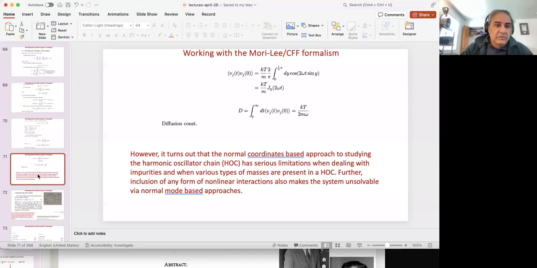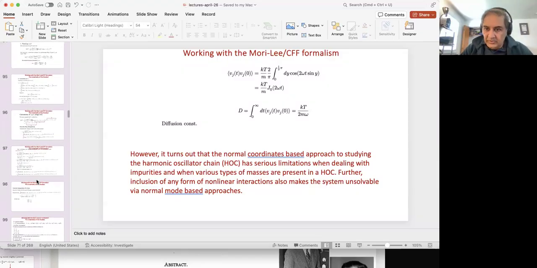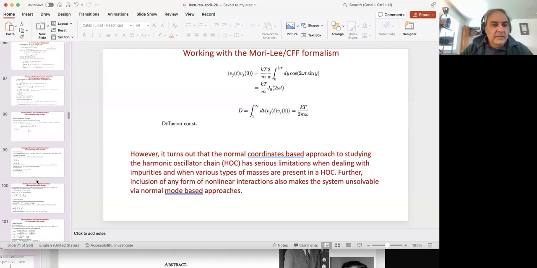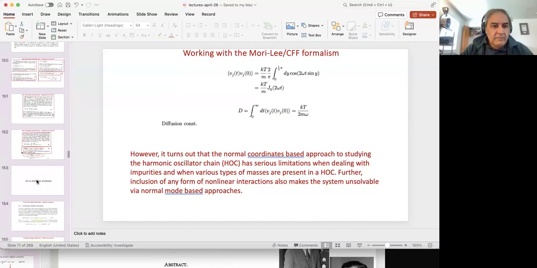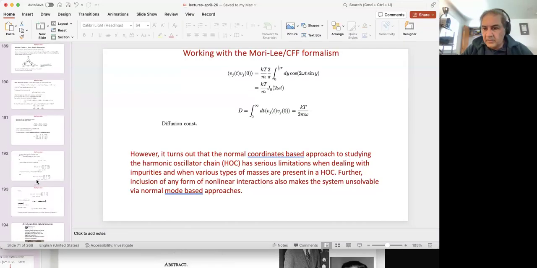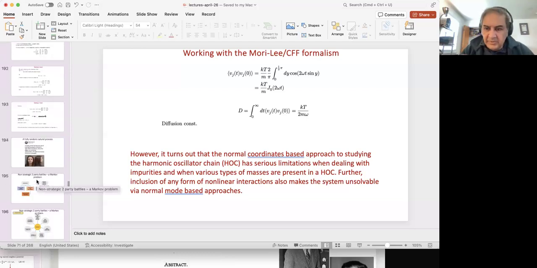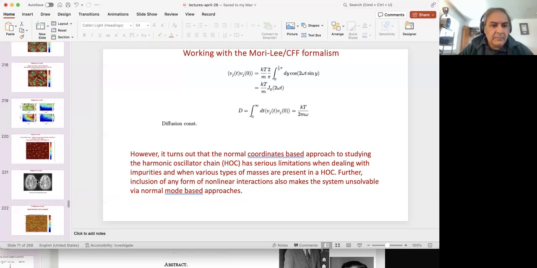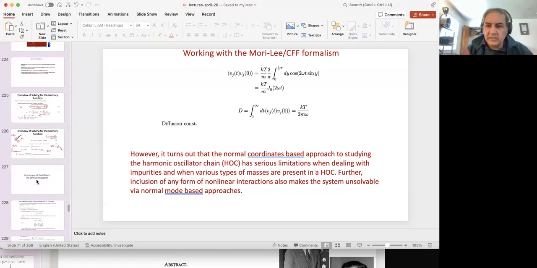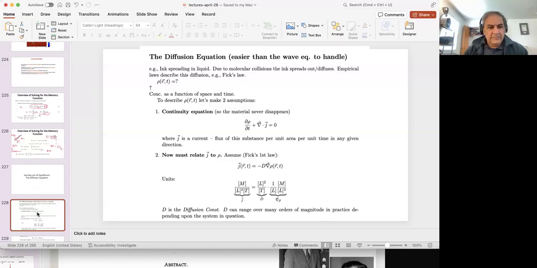So the diffusion equation is the more general picture, but it is also what we would call a phenomenological problem. It is not a Hamiltonian problem, not a problem where we can go down to the Hamiltonian and say, look, this is the potential under which we are studying, and we are looking at this diffusion coefficient. That is not automatically put into this problem here.